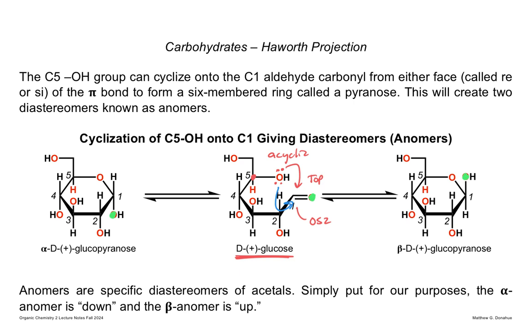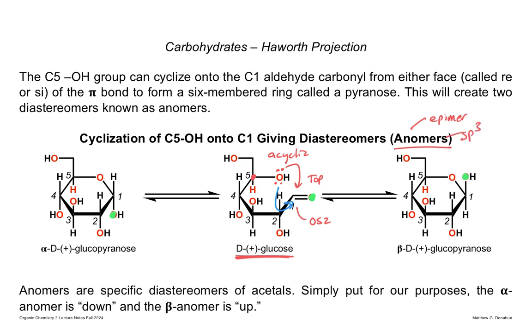And so now here's another layer of hell to the nomenclature. The relationship between the leftmost and the rightmost structure, these are called anomers. And an anomer is a specific type of epimer. And so what makes it an anomer?